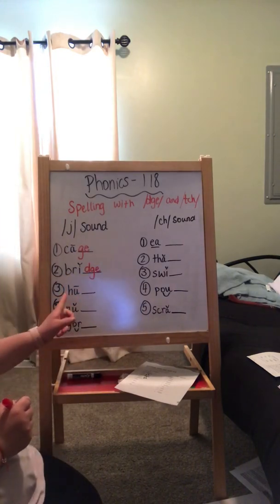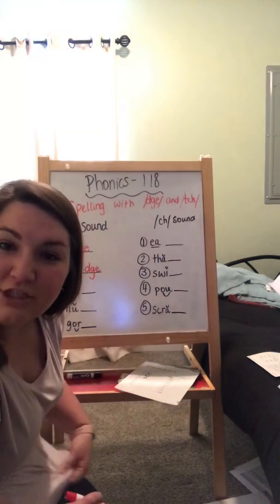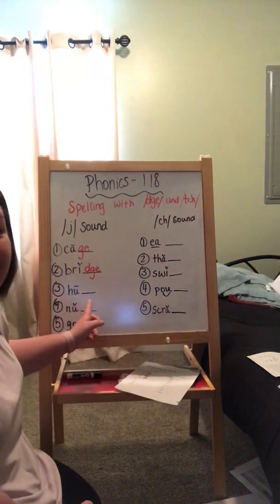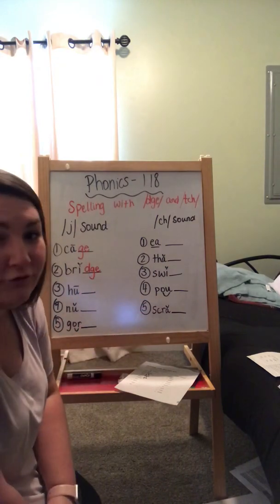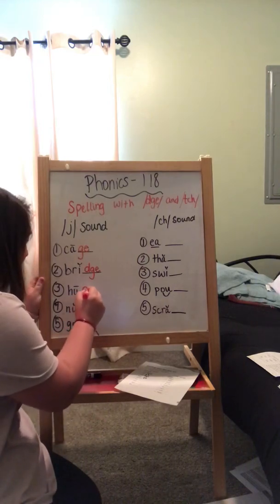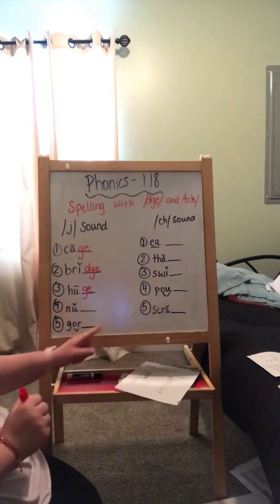Let's do the next one. Huge, huge. Is that going to be a GE or a DGE? Hopefully you said GE, because remember we only use the DGE trigraph after a short vowel, and this is a long vowel, so I'm going to add GE. Nudge, nudge.